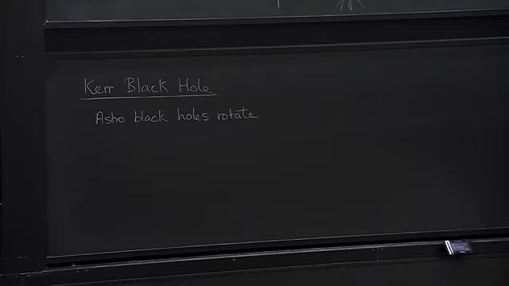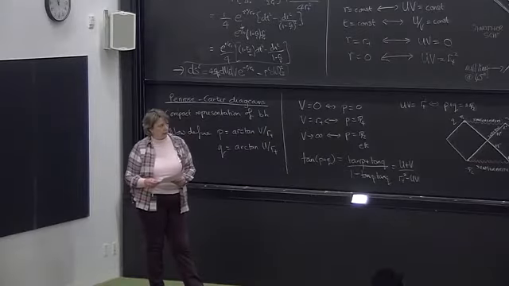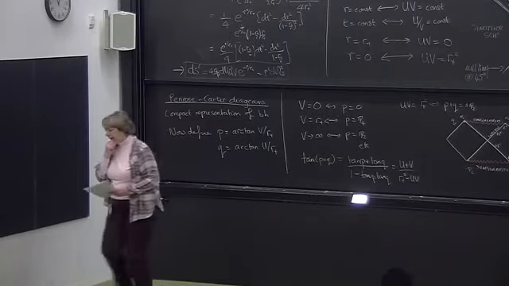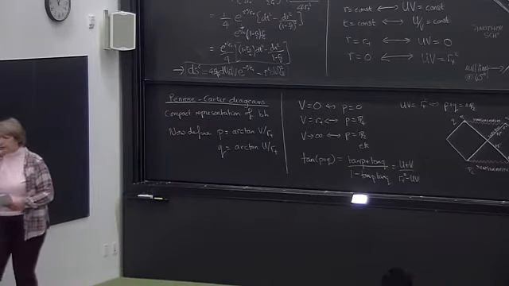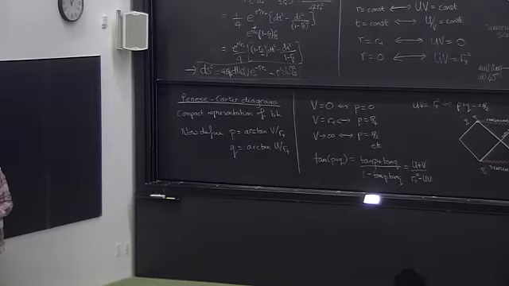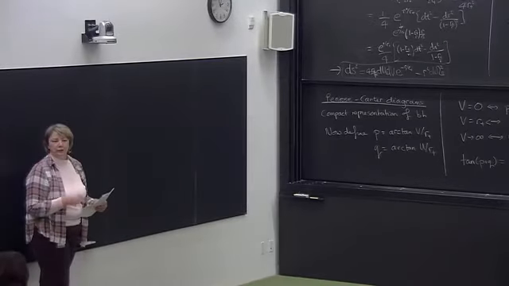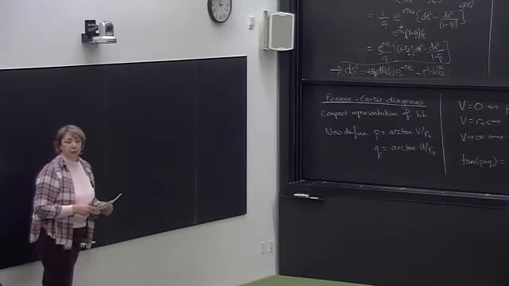So all astrophysical objects rotate, and so if a star collapses, you would expect the collapsed star, the black hole, to also rotate. Now, it's interesting that the Schwarzschild black hole was written down almost immediately after GR. Karl Schwarzschild did his calculations in the trenches, at the front line in the First World War.